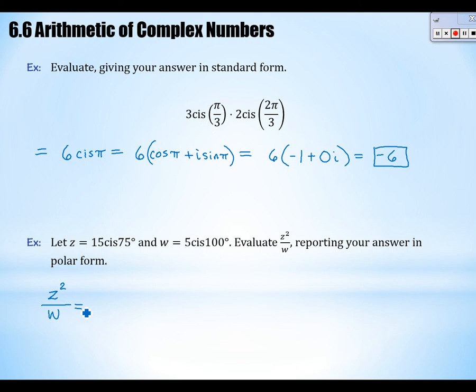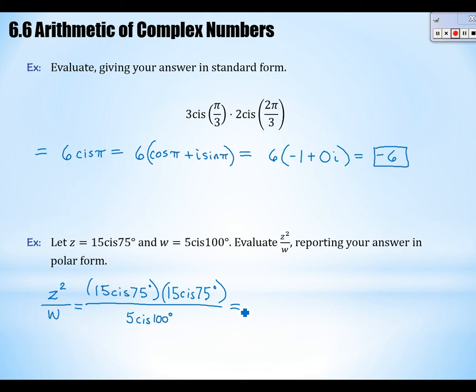So I'm asking you to do 15 cis 75, that's what it means to square something, all over 5 cis 100. Does that help, right? To write it that way.